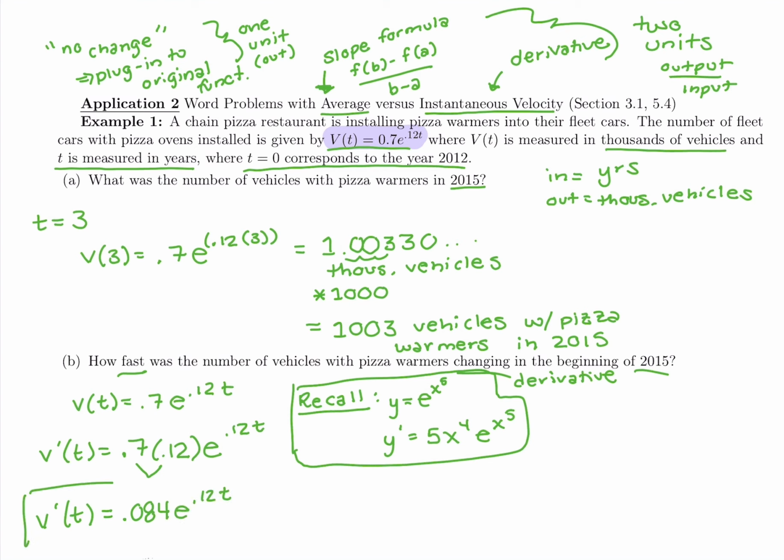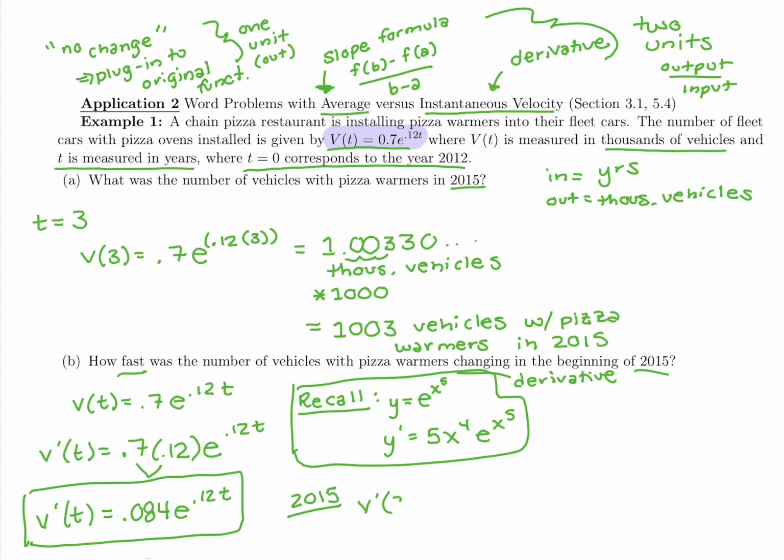There's my derivative. I can plug in any year to this, and that will tell me how much we're changing by. How many more vehicles or how many fewer vehicles, could be positive or negative, we haven't plugged in yet. It's how fast the number of vehicles with pizza warmers is changing. So we want to figure out for 2015. We know they already had 1,003 cars with pizza warmers, but how is that going to change that year?